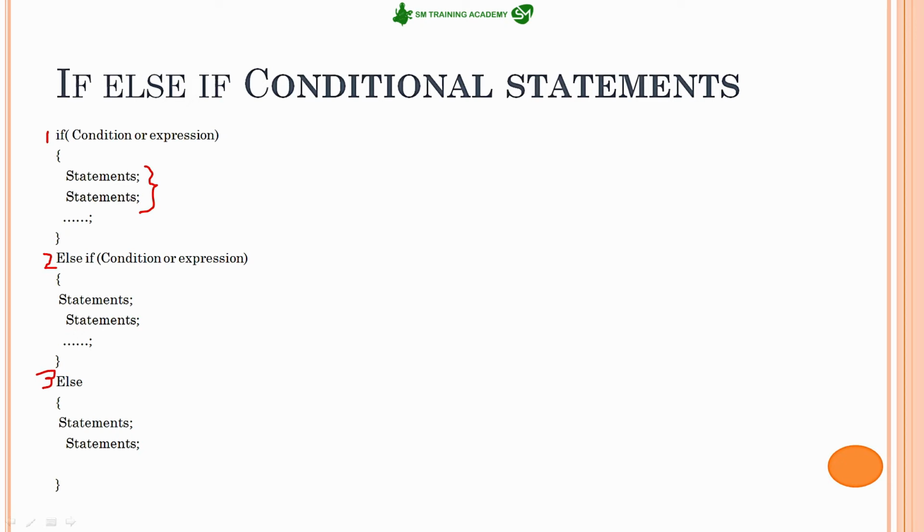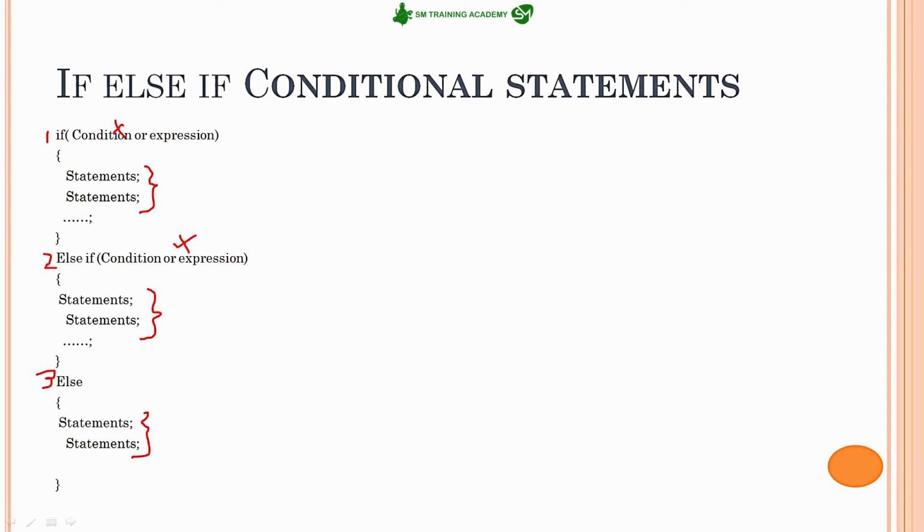And if this if condition is failing, it will check this else if condition, and if this condition is true, it will execute the else if statements available here, and skip the rest. And if this else if is also failing along with the if condition, the else part here will be executed. So if you want to check for many conditions, other than 2 conditions like what we did in if else, you can use this if else if conditional statement.